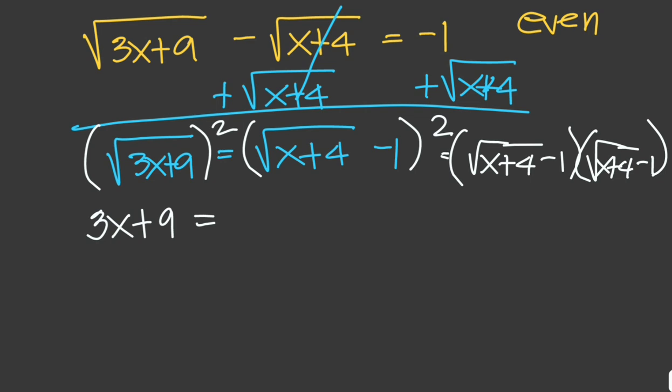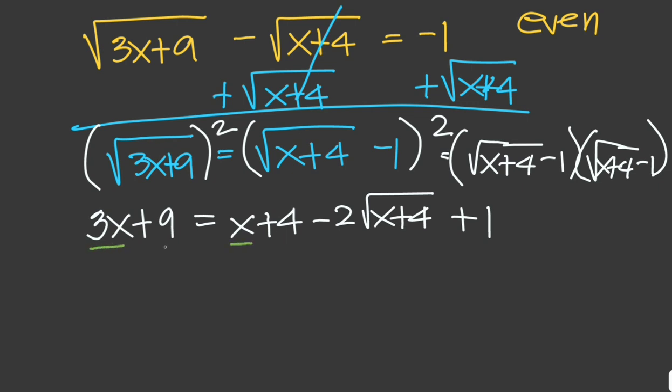Then we get x plus 4 minus 2 square root of x plus 4 plus 1. And then we combine like terms. We can combine 3x and x, then 9, 4, and 1.